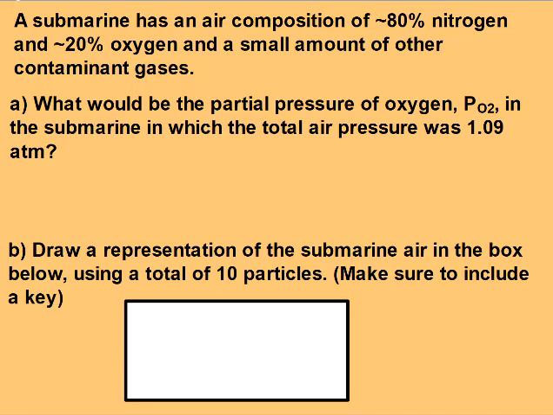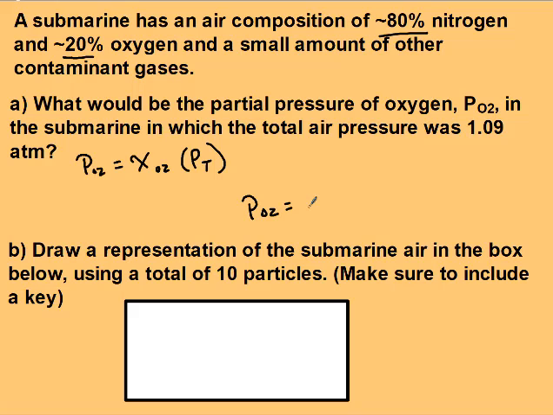This problem is similar to the last one, except instead of giving you a picture, they gave you the percentages. So go ahead and pause this video and try A on your own. Restart when you've got an A. So just like before, we're looking for the partial pressure of oxygen. So we need the fraction of oxygen times total pressure.